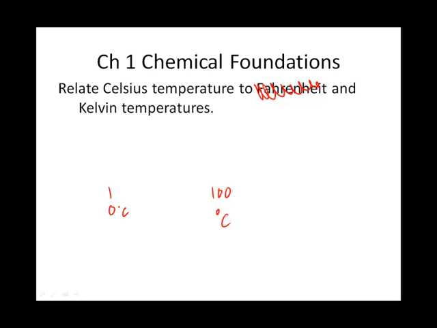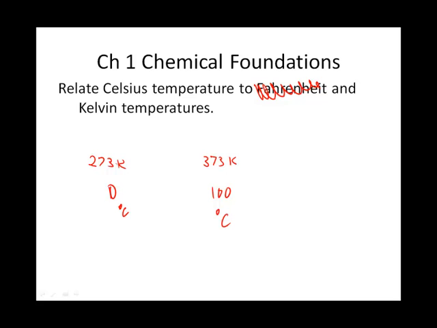I'm going to write 0 degrees Celsius. You should know what's significant about those two temperatures, and you should be able to convert Celsius to Kelvin. Remember, all you have to do is add 273. So 373 Kelvin is the same as 100 degrees Celsius. And the same thing as 0 degrees Celsius is 273 Kelvin.